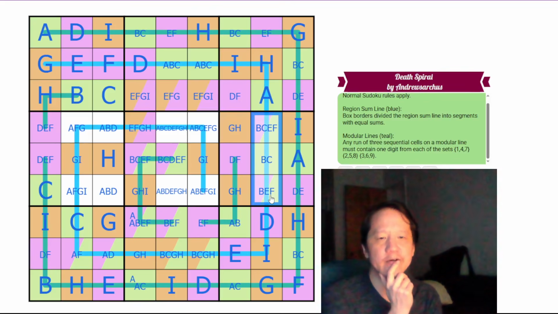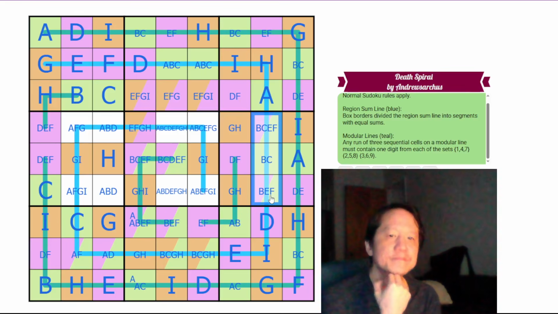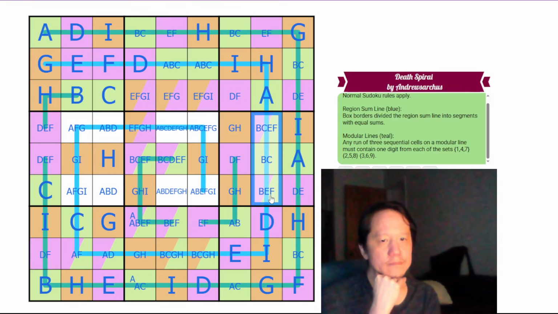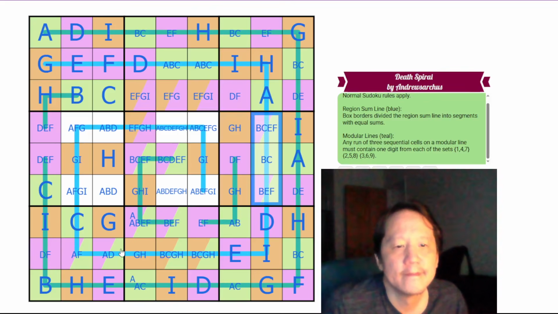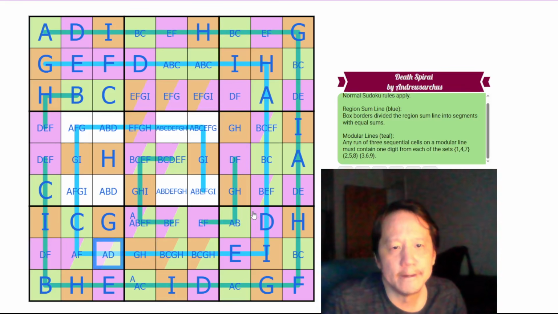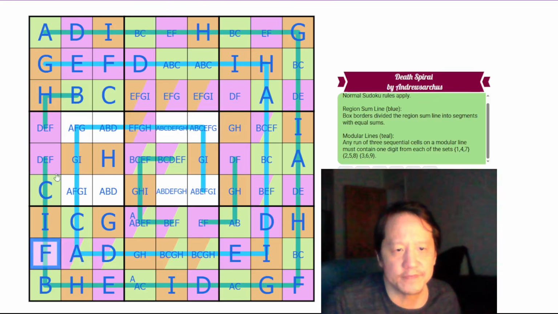So do we go about testing if it's D? Maybe. So what happens if this is D? If this is D, this is A, this is F. No F here. No D here. It's A and B. No A here.